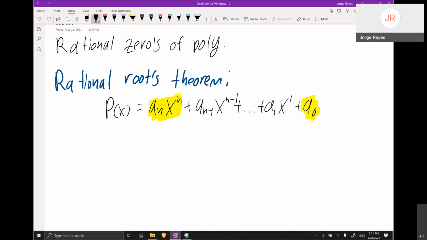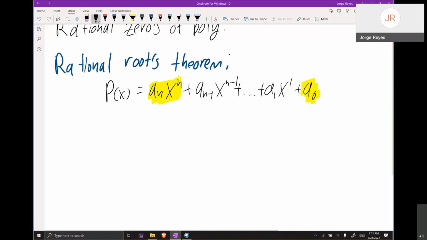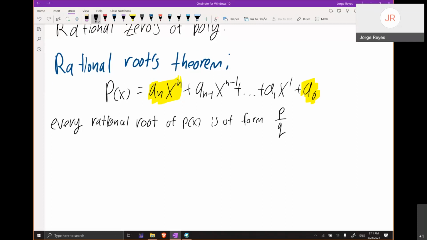Because the rational roots theorem says that every rational root of a polynomial, roots are zeros, the same word, so every rational root of p of x is of the form p over q, where a sub n, the leading term, gives q, and a sub 0, the constant term, gives p.